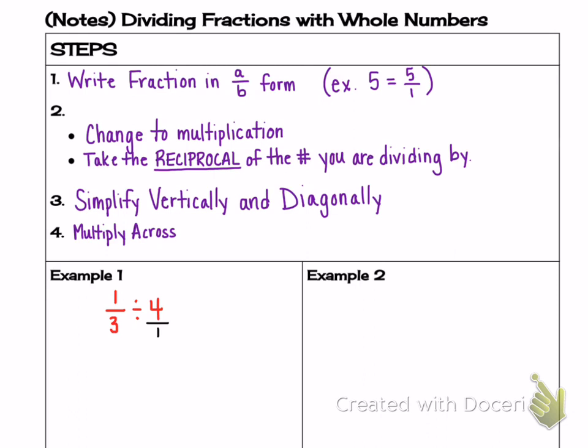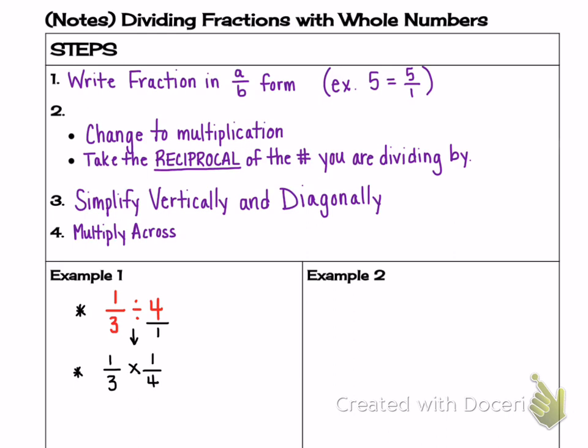I know that my very first number stays the same. So I am going to keep 1/3. Step 2 says to change to multiplication, so the division becomes a multiplication symbol. And then to take the reciprocal of the number you're dividing by. We were dividing by 4 over 1, so the reciprocal will be 1 over 4.